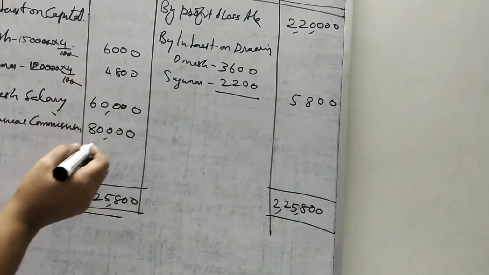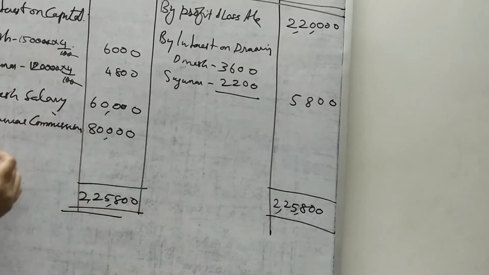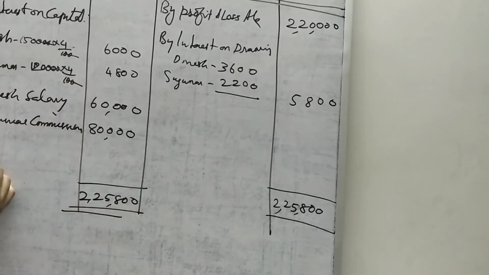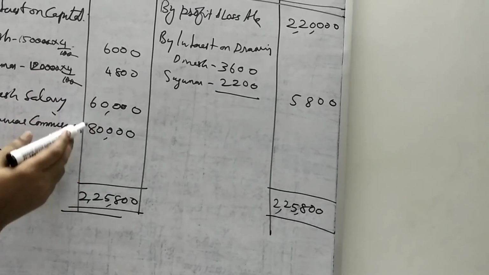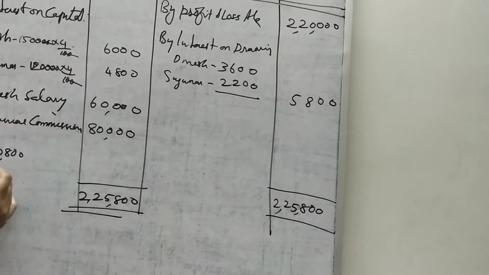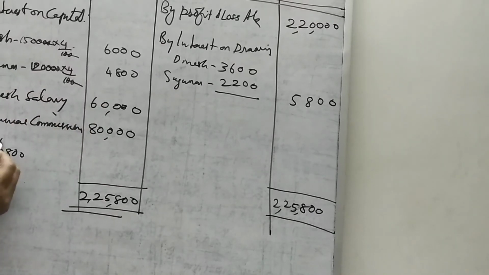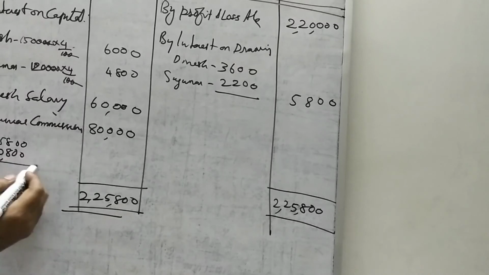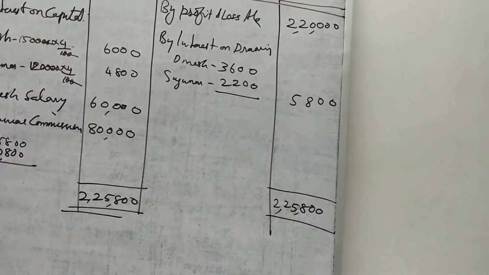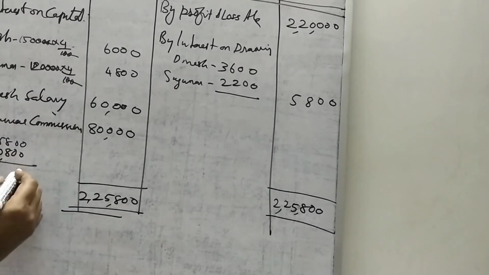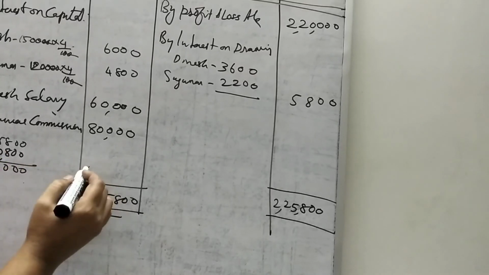Now we want to subtract the debit total of 1,50,800. Interest 10,800, salary 60,000 and commission 80,000 give 1,50,800. Subtract from 2,25,800 and find the answer. That will come to 75,000.